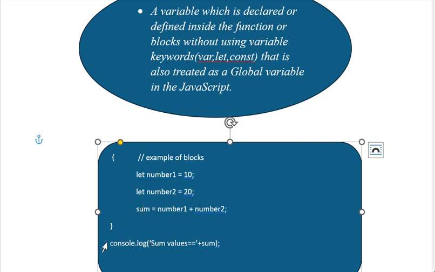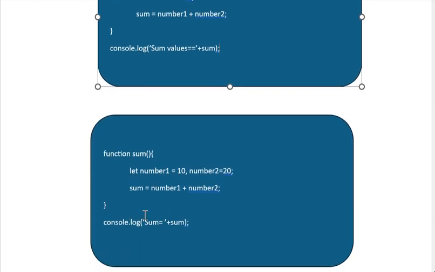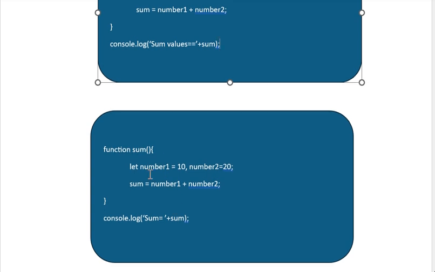So we are accessing sum here with console.log, and that is the block level. We have also mentioned a function here. We have declared a function sum, defined two variables number1 and number2, and assigned number1 plus number2 to sum.